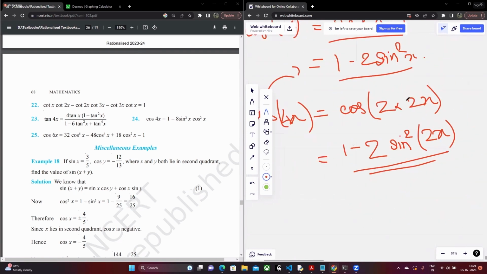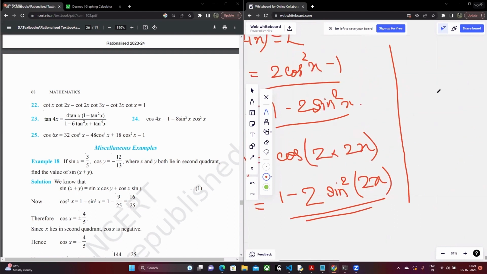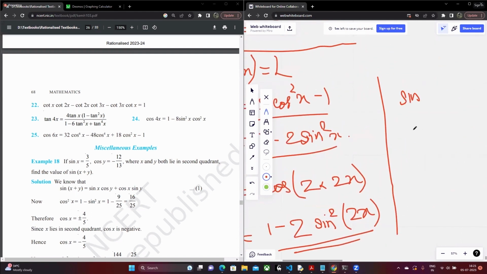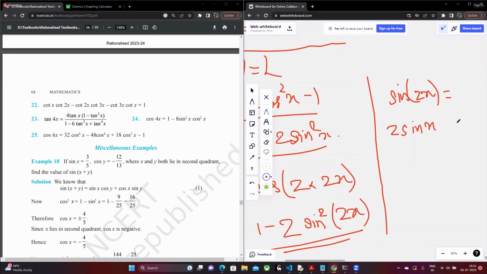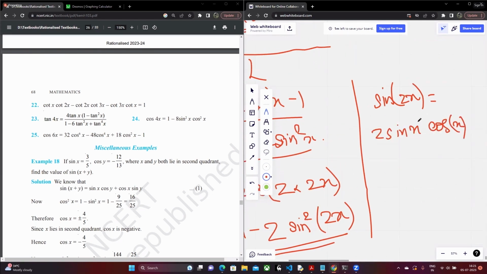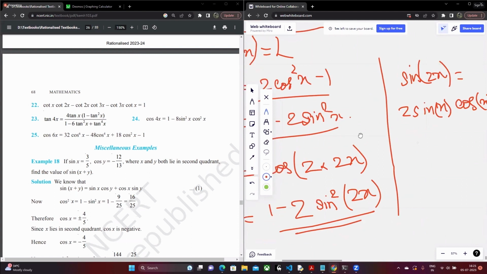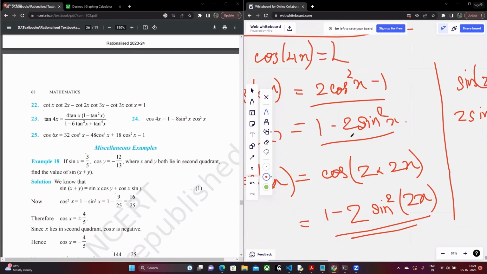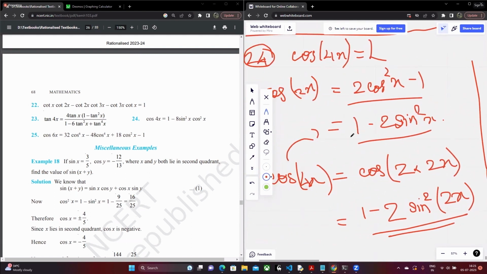Remember that sine 2x is equal to 2 sin x cos x, by far the easiest formula to remember. The second easiest is cos 2x, which is basically cos square minus sine square. And the different forms you can just get from the identity that cos square plus sine square is 1. So not a big deal.